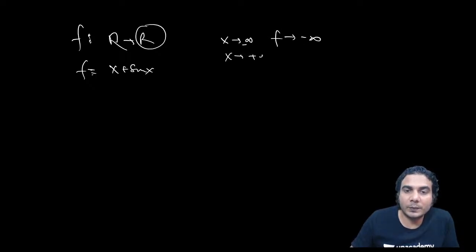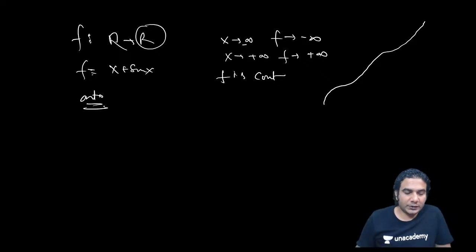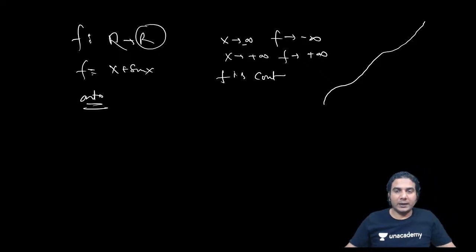When x approaches plus infinity, f approaches plus infinity, right? And f is continuous, right? So no matter whether it is increasing or decreasing, it is coming from minus infinity and going to plus infinity. That means its range is all reals, right? So yes, this function is an onto function. So you need to find the range while checking onto mapping.